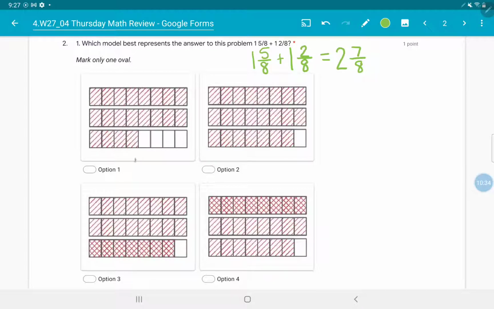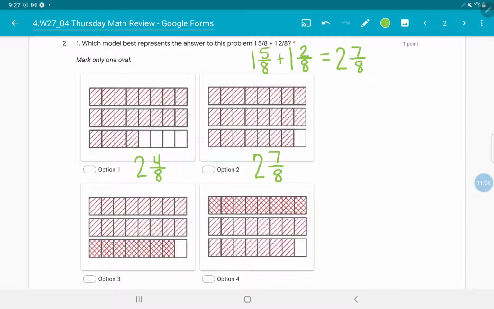So option 1 has 2 and 4/8 shaded. Option 2 has this whole thing shaded and this whole shaded, so there's my 2 wholes. 1/8, 2/8, 3/8, 4/8, 5/8, 6/8, 7/8. So option 2 shows 2 and 7/8.